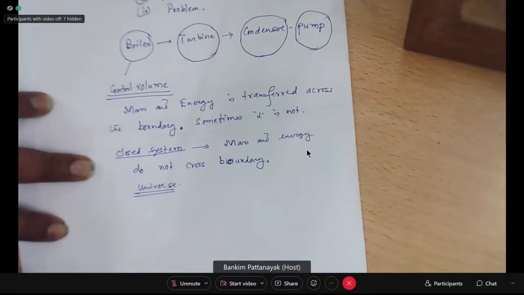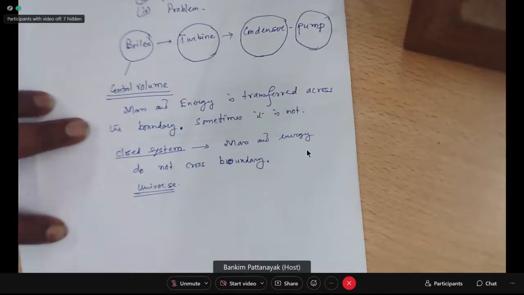That means each is a contributor to world pollution. So when we talk about environmental engineering, ultimately we are talking about a system called the earth or the world.